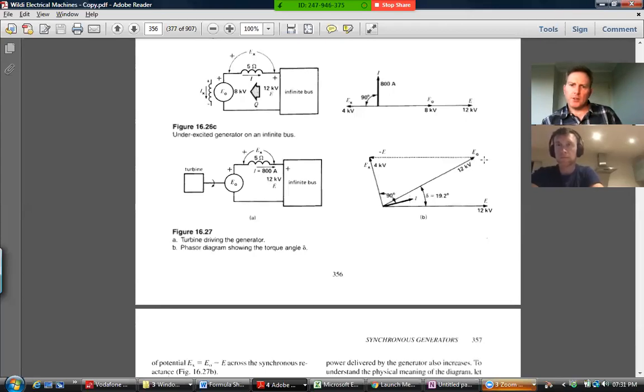Other things to note, that does not necessarily have to be the same voltage as this. And that thing there is decided by the amount of exciting current that we feed into that spinning rotor. So that vector could be longer or shorter. But again, wherever the vector ends, you subtract this one from that one, get the difference.